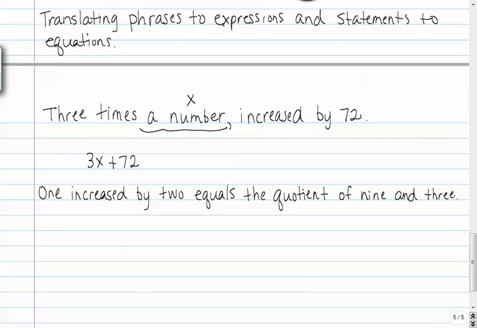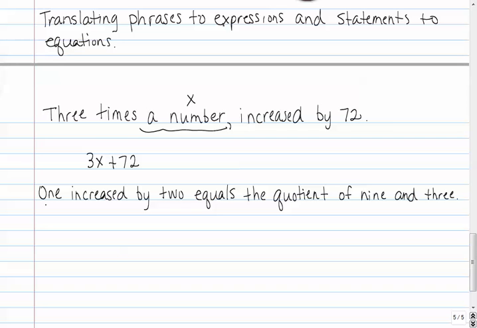Okay. 1 increased by 2 equals the quotient of 9 and 3. So this one, we don't have any unknowns. We don't have any x's. We know what all of our numbers are.